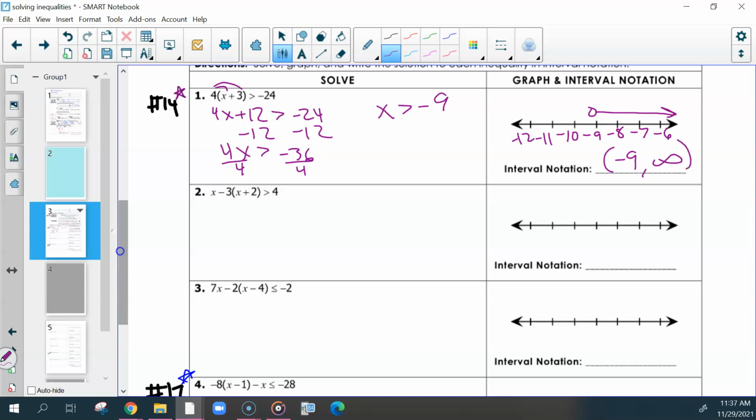And we'd also use a parenthesis. These two things are basically saying the same thing. Do we have any questions on how we wrote interval notation, graphed that, solved that?